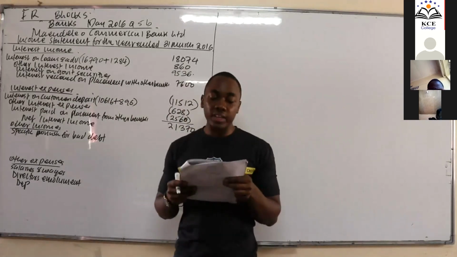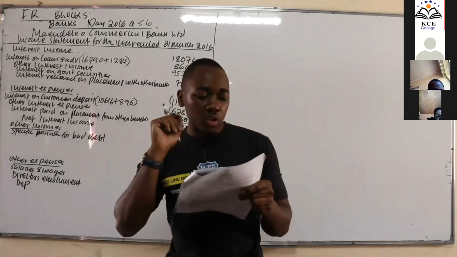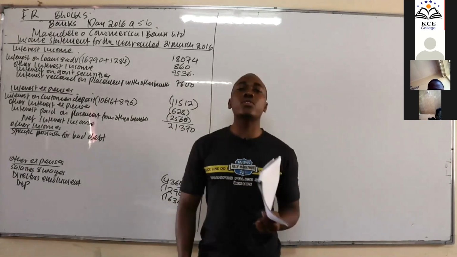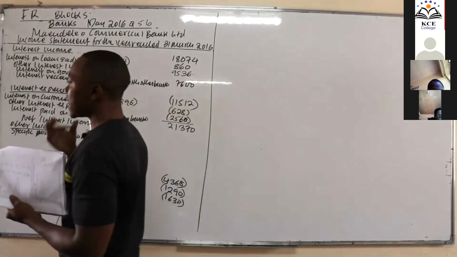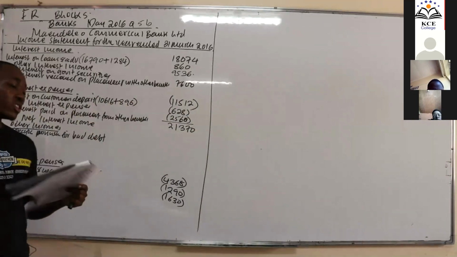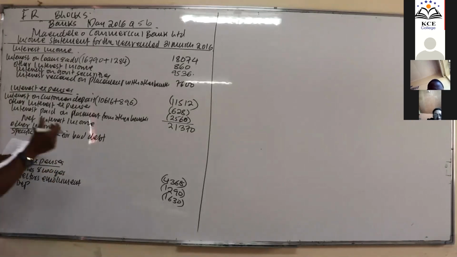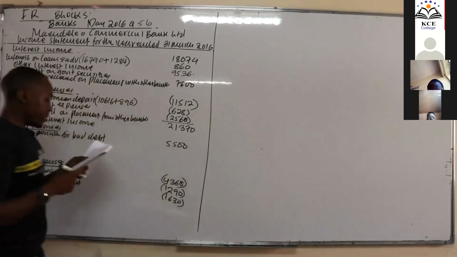Depreciation is on the debit side. So all expenses are debited, all incomes are credited. Now let's go to the specific provision for doubtful debts. It's on the credit side. That's what we call reduction in provision for doubtful debts. An increase in a provision is an expense, a decrease in a provision is an income. In this case, for specific provision for doubtful debts, it was a reduction. That's why it's put on the credit side. So therefore, it's an income, 55.